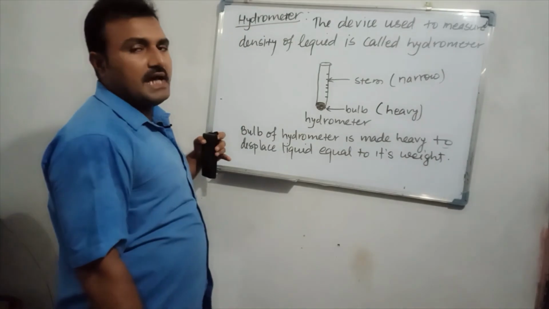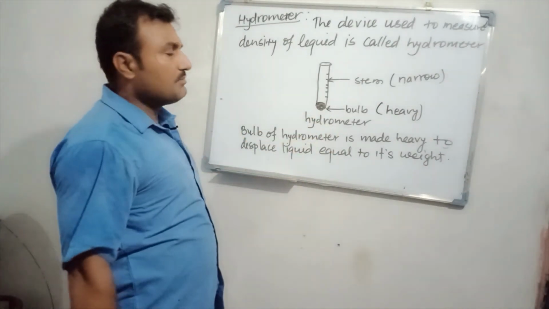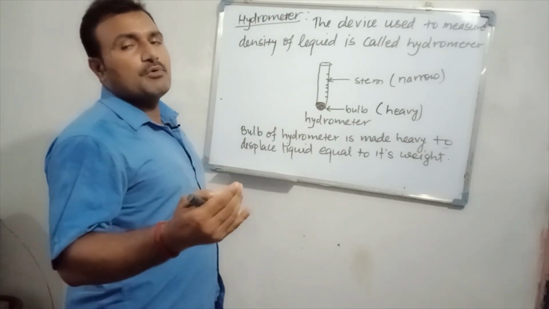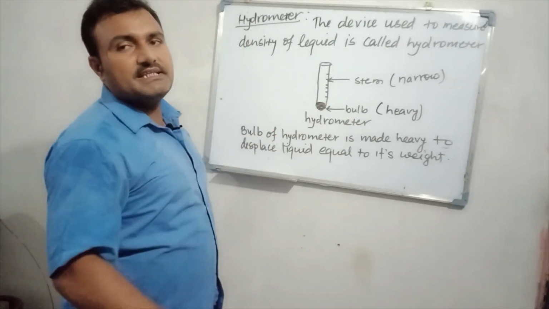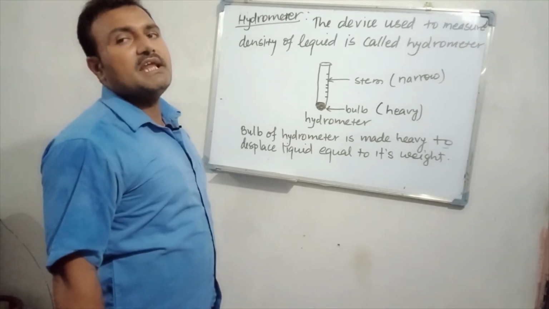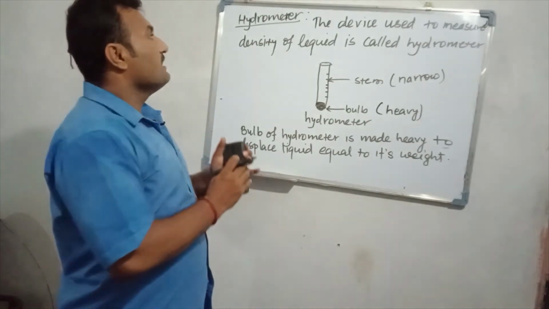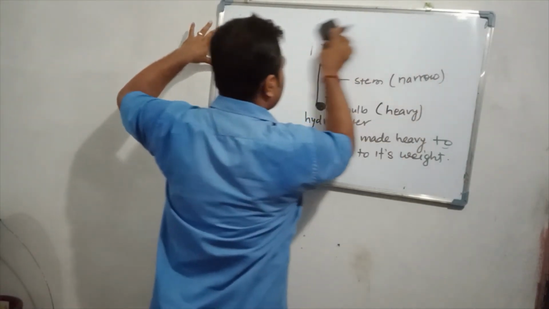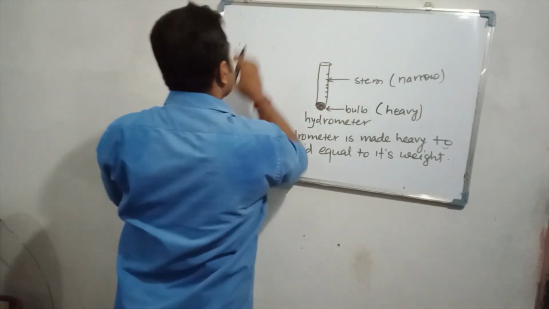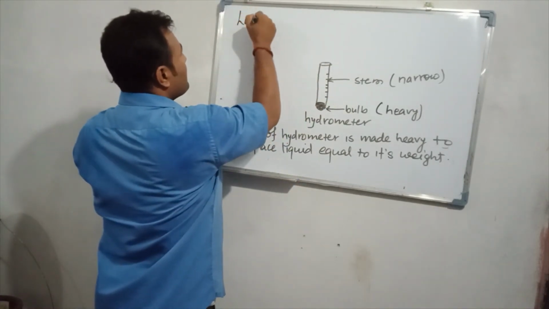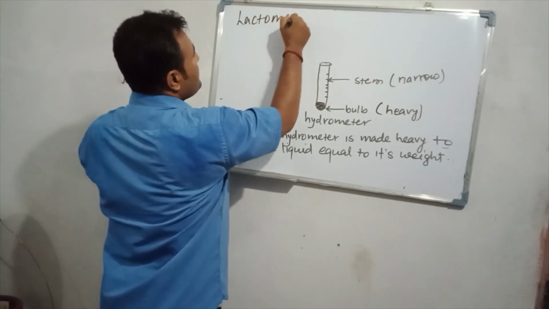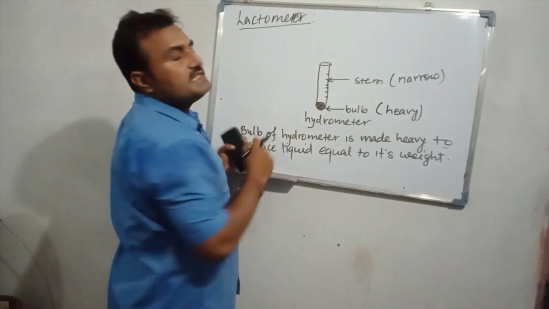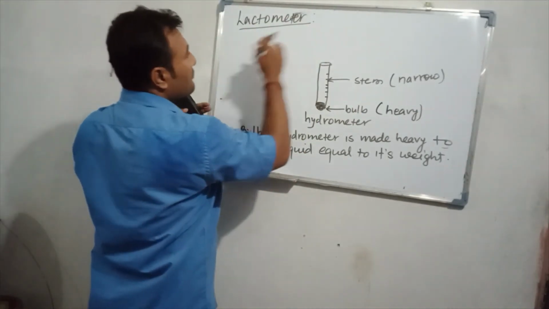In this way, when it floats on the surface of liquid, different liquids having different densities make it go to different depths, and it measures the actual density of a liquid substance. One modified kind of hydrometer used in our daily life to measure the purity of milk, or simply the density of milk, is known as a lactometer.